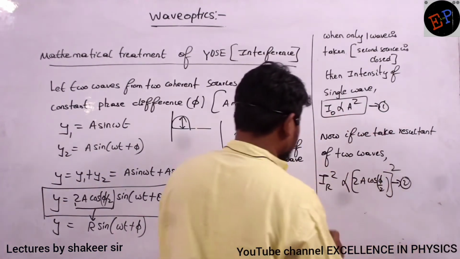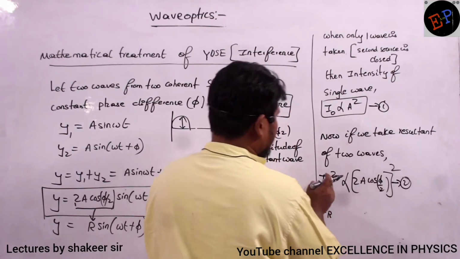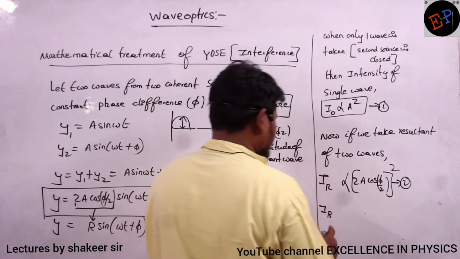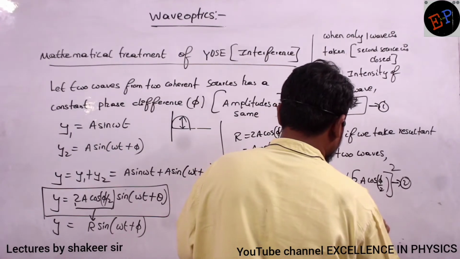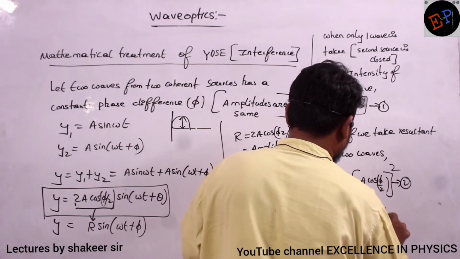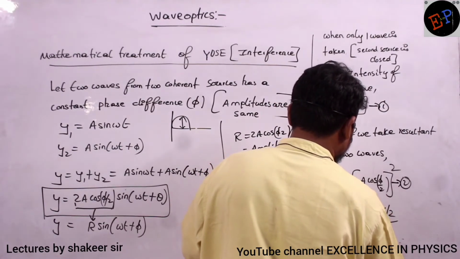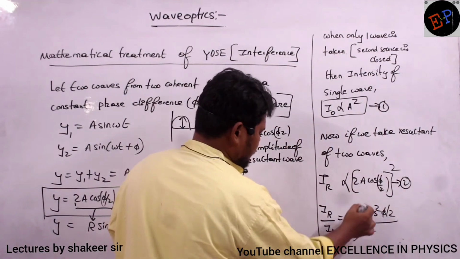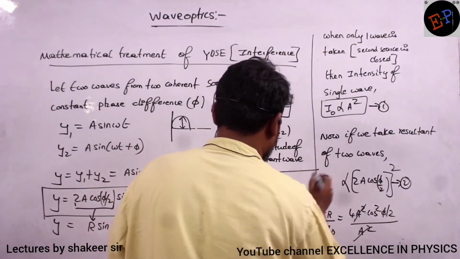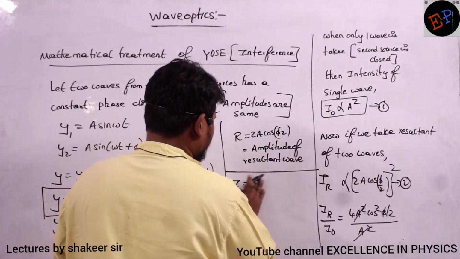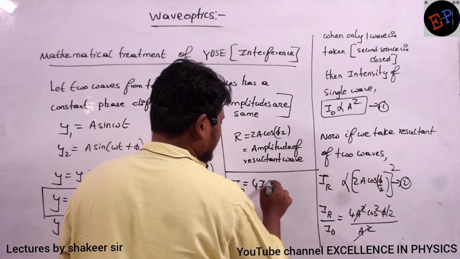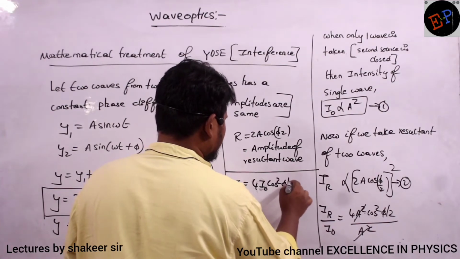So divide both of them. I_R divided by I naught is equal to 4a square cos square(phi/2) divided by a square. So a square gets cancelled. Therefore the equation I will get is I_R is equal to 4 I naught cos square(phi/2).